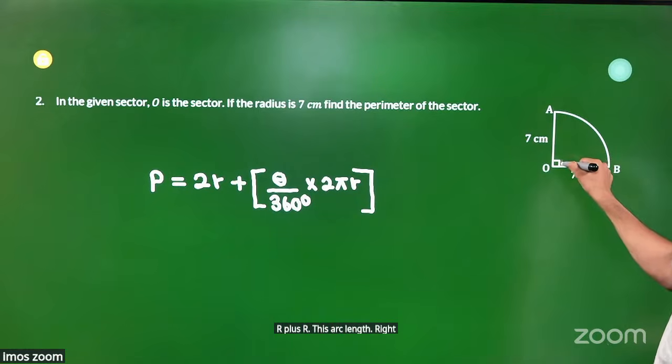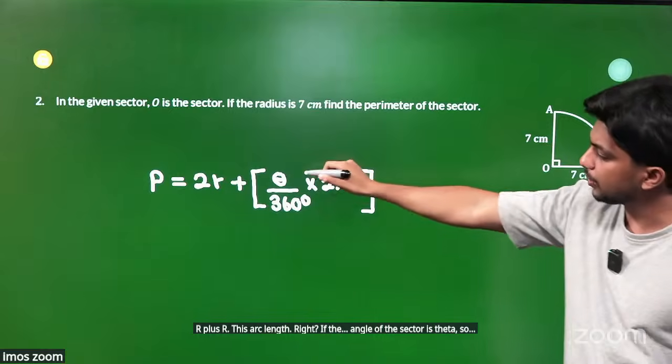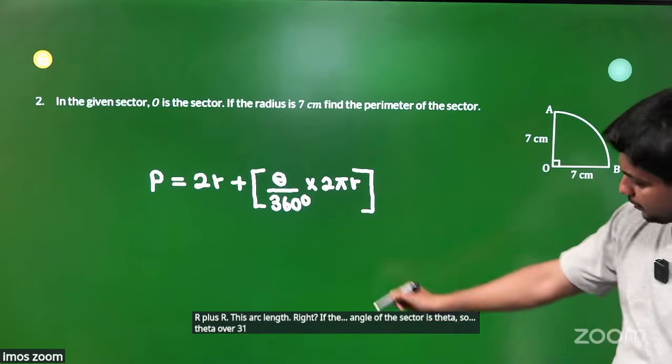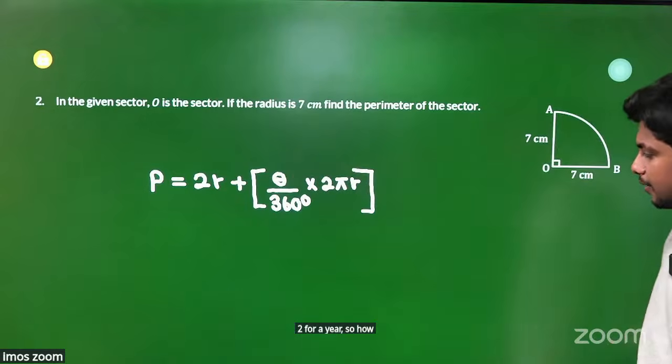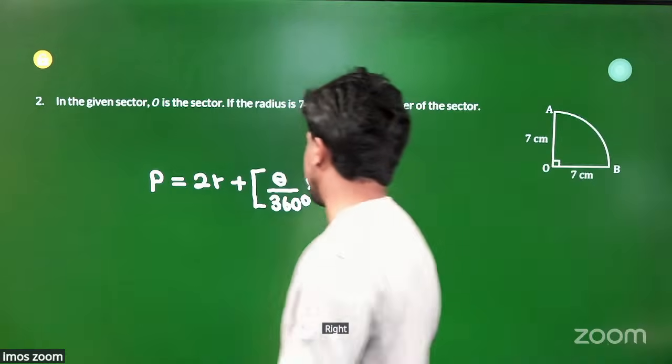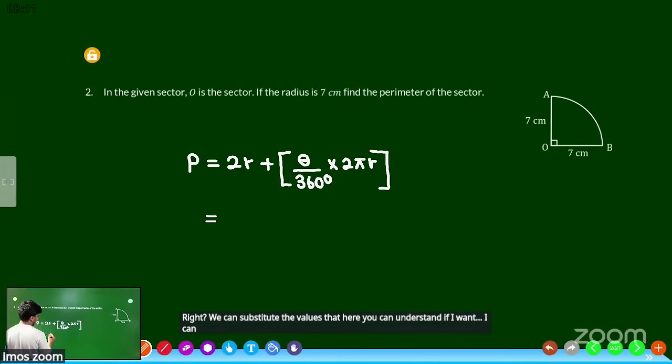If the angle of the sector is theta, then theta over 360 into 2 pi r. If it is 360, it is 2 pi r, so how much is it for theta? Right, we can substitute the values. If I want, I can take 2r out.